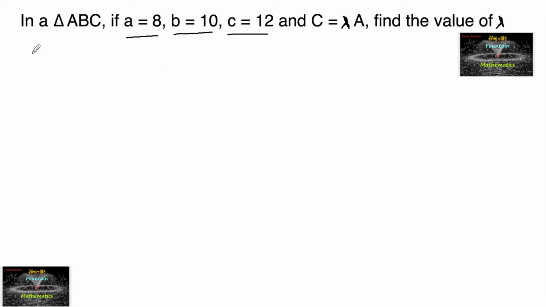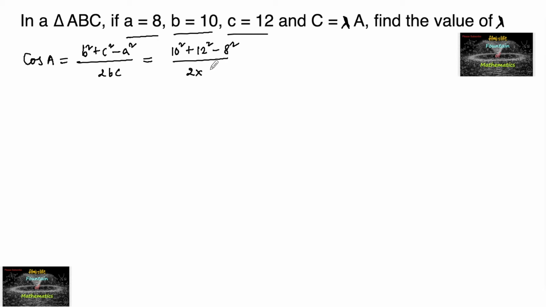So from cosine rule, let us find cos A, which is equal to b square plus c square minus a square upon 2bc, which is equal to 10 square plus 12 square minus 8 square upon 2 into 10 into 12, which is equal to 100 plus 144 minus 64 upon 240.